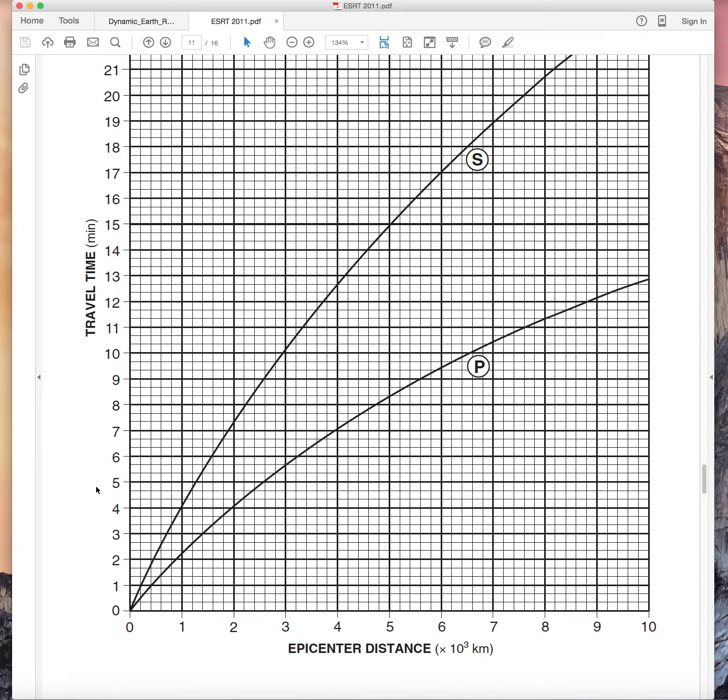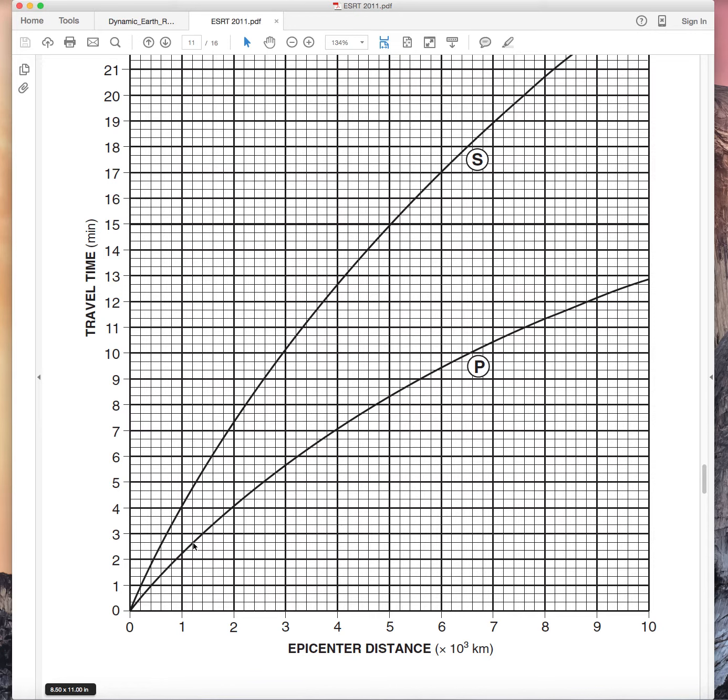So here's what we do. We have a travel time of 2 minutes and 40 seconds. So here's my 2 minutes, 2 minutes and 20, 2 minutes and 40. And that's the P wave. So I'm going to take this line, bring it across until it hits the P wave, which happens about here. My epicenter distance is 1,200.